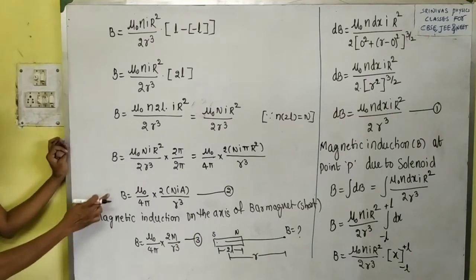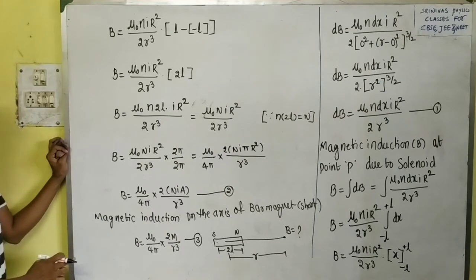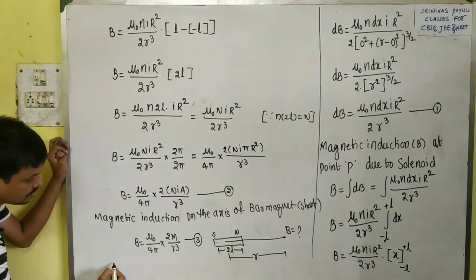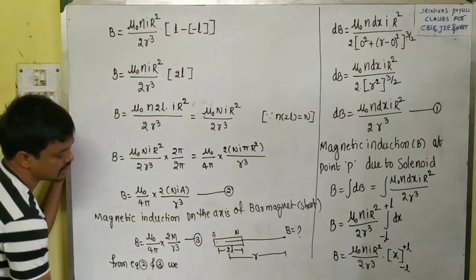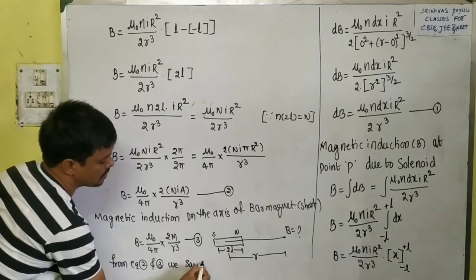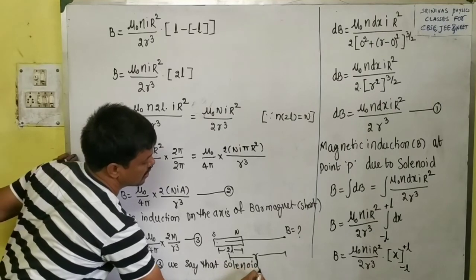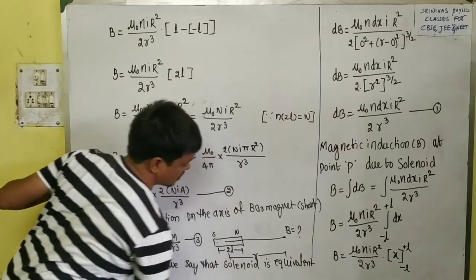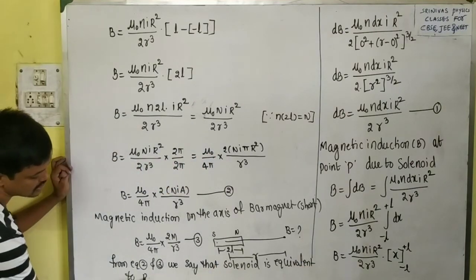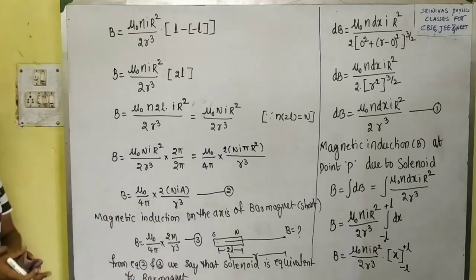From equations 2 and 3, the magnetic induction due to a solenoid and due to a bar magnet have similar formulas. That's why from equations 2 and 3 we say that the solenoid is equivalent to a bar magnet.